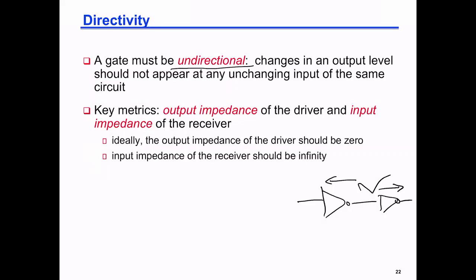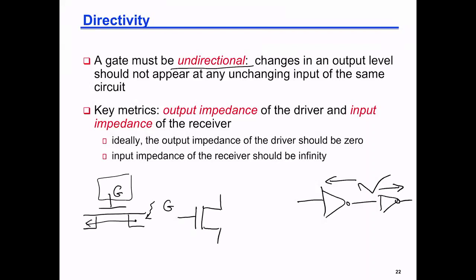But the basic idea is that if you look at a transistor, the transistor is really the gate, or the gate is just a controlling element, right? And the current flows from the source to the drain. So any noise at this node is not going to express itself. It will affect everything connected to this node, but it does not affect the gate because the gate is insulated, right?